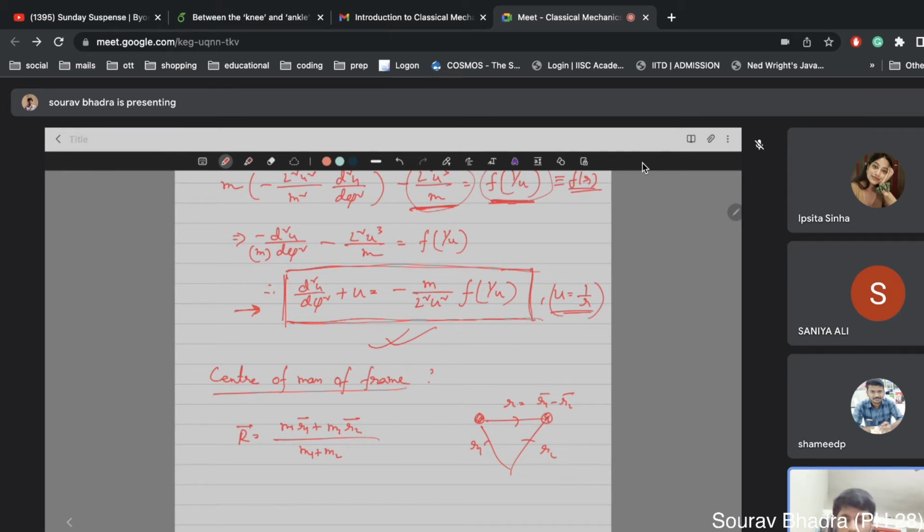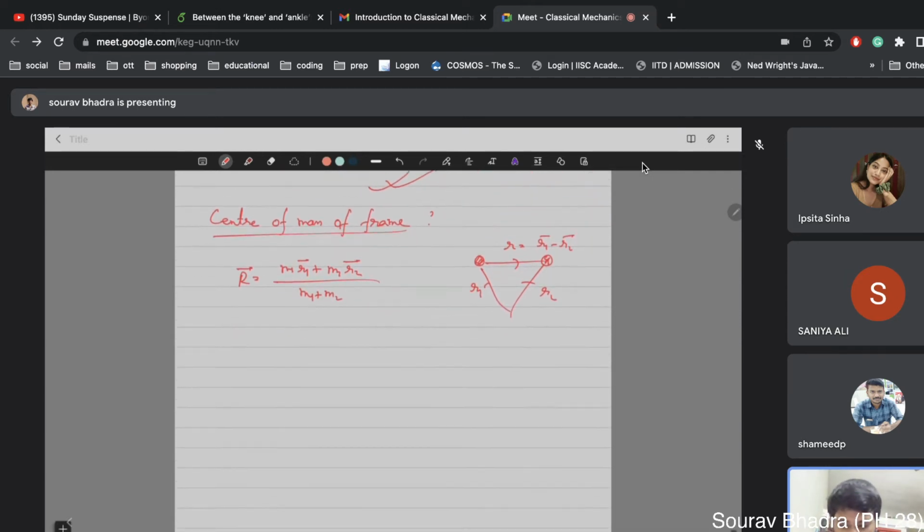Now let us go to a particular problem of collisions. To deal with a collision problem in the center of mass frame is very easy, and you can see why.